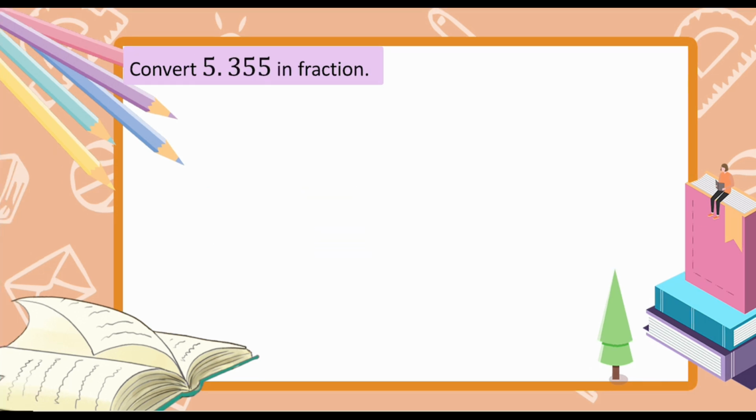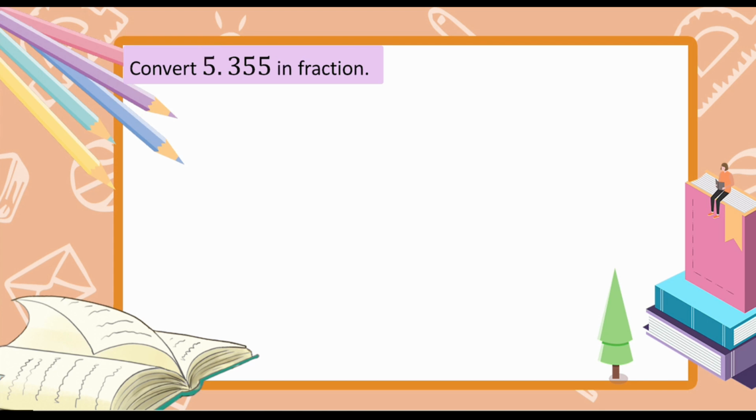Let us have our second example. Convert 5.355 in fraction. Pareho silang terminating decimal noong ating first example, which is 0.42. They are both terminating kasi natatapos yung kanilang mga digits. But, the difference between the two, itong ating second example ay merong whole number na 5. So, how are we going to convert that?